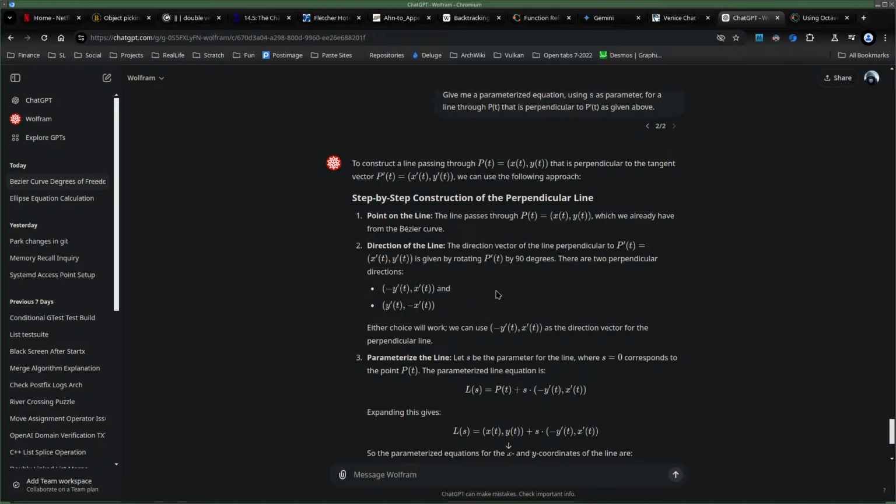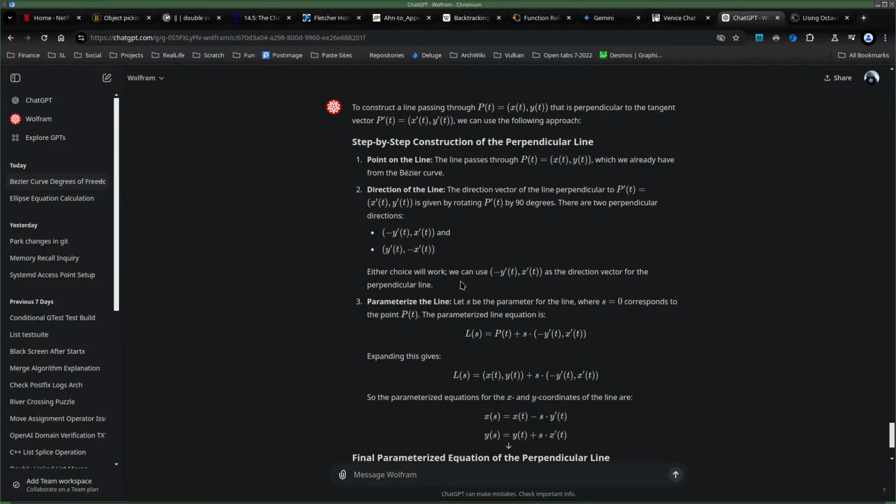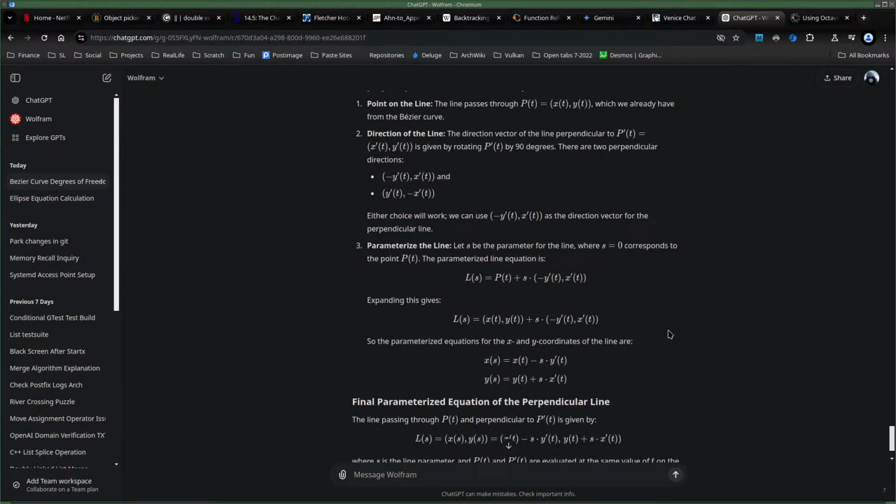Right. Yeah, one's negative with the other one. Why even mention it? So it's perpendicular to one direction, it's also perpendicular to the exact opposite direction. Yeah, I fully agree with this.